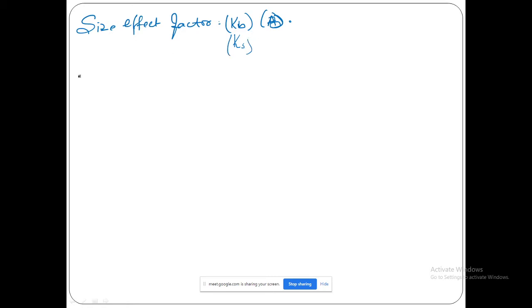Now the next factor is the surface effect, or surface finish effect, the surface finish factor.